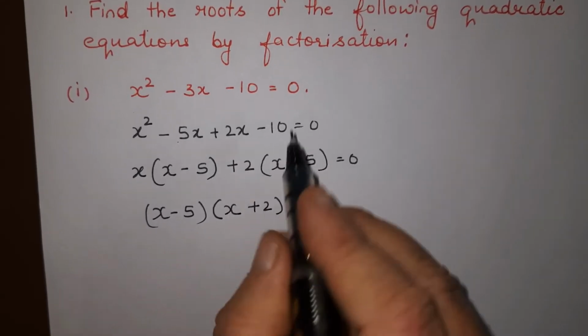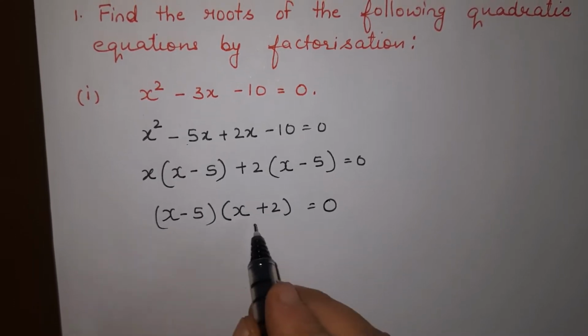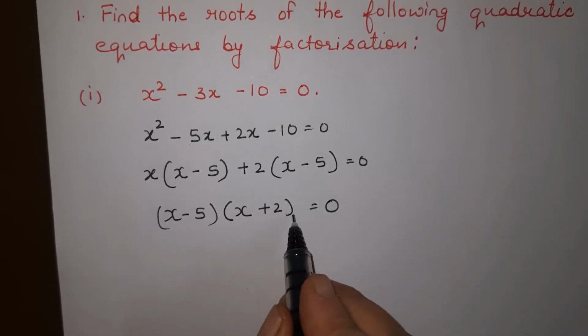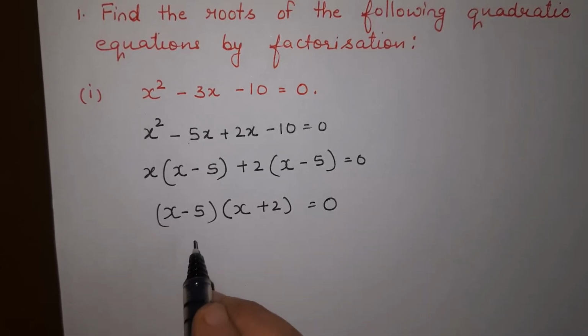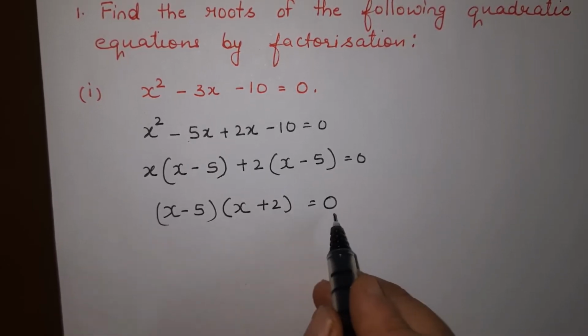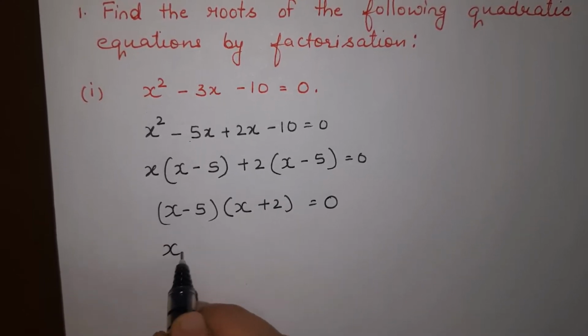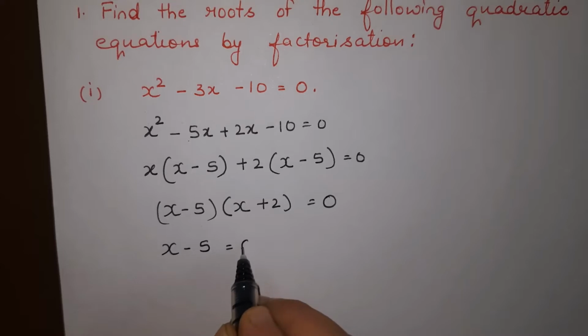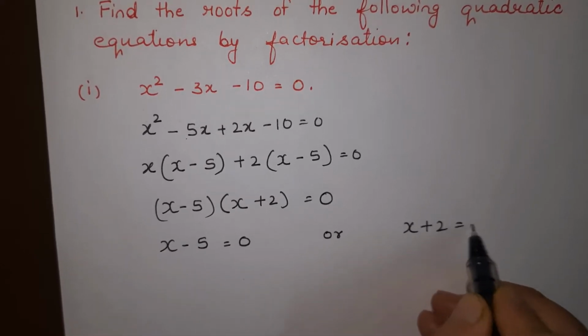Now we have two factors for this equation. One is x minus 5 and one is x plus 2, and their product equals 0. And we know that the product of two numbers is 0 if either of the two numbers is 0. That means x minus 5 equals 0 or x plus 2 equals 0.